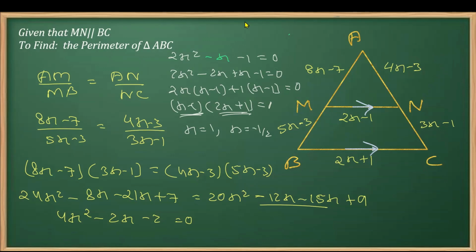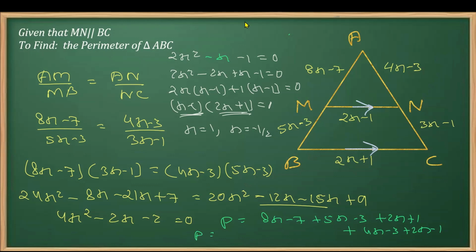From here, we have to find the perimeter, which is the sum of the lengths of the three sides. So the perimeter is 8x minus 7 plus 5x minus 3 plus 2x plus 1 for the three sides, and then plus 4x minus 3 plus 3x minus 1.